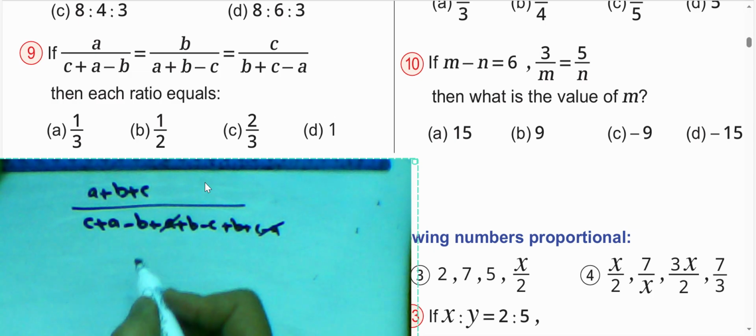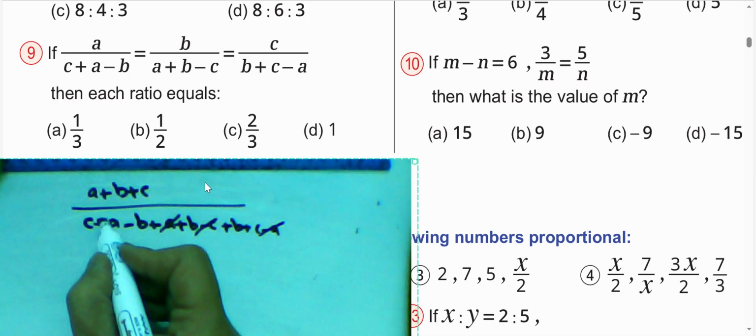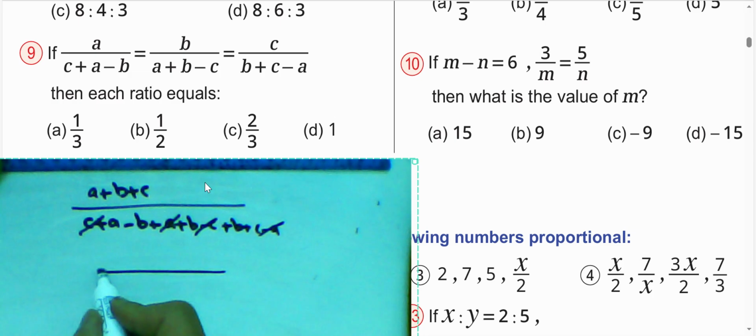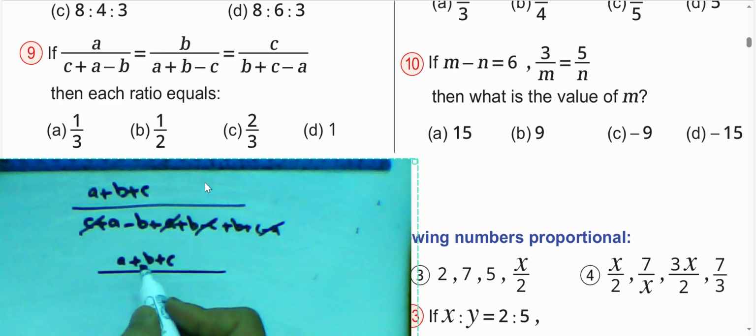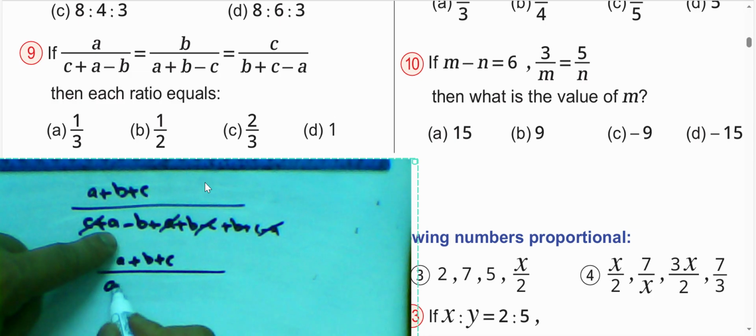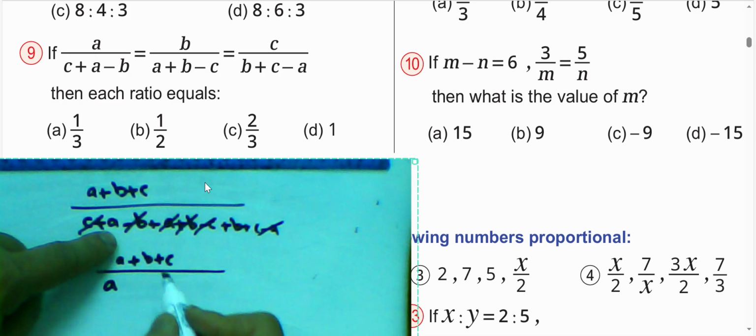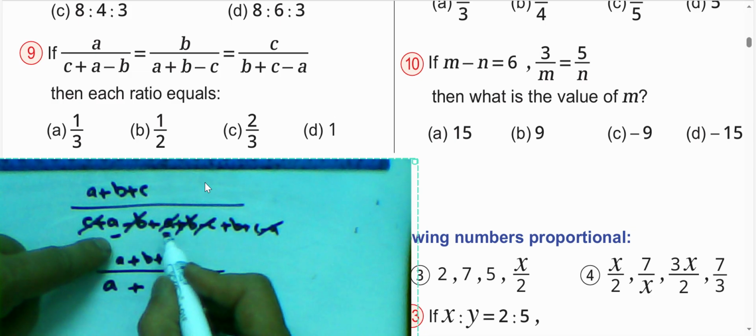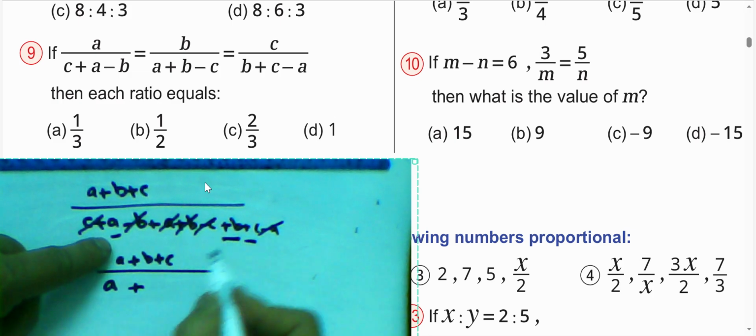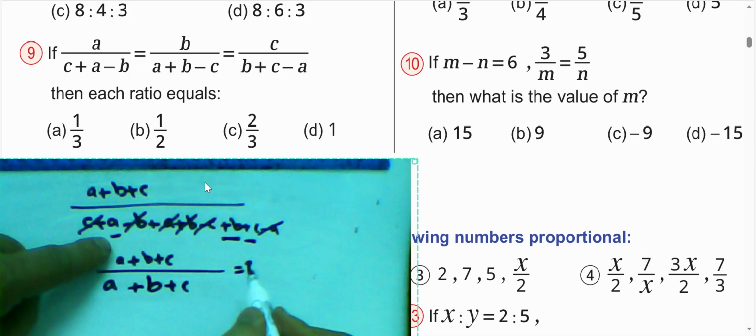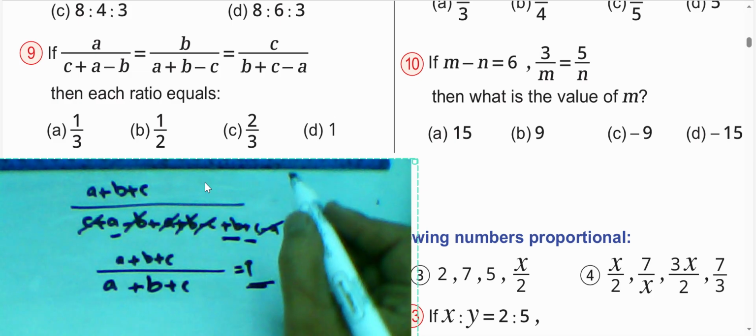We can cancel the negative c with the positive c, and the minus b with the plus b, and we have a plus b plus c over a plus b plus c. Then the result will be 1, which equals the same ratio. Then the answer will be letter D.